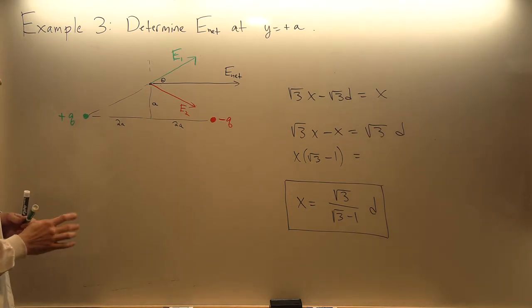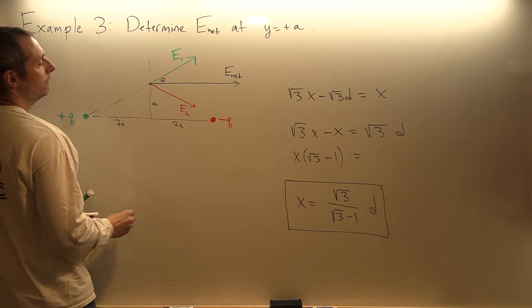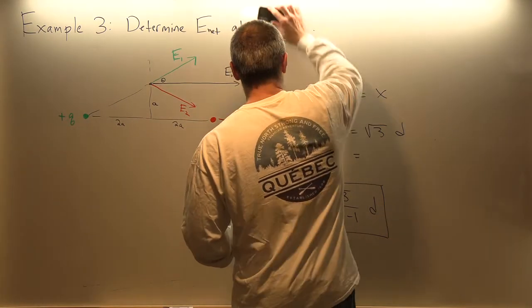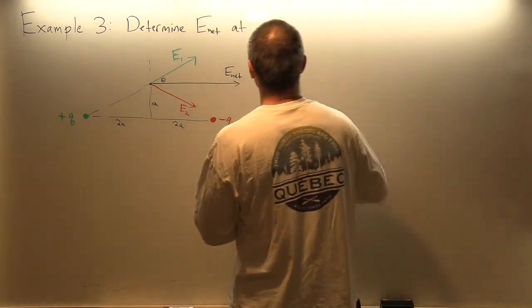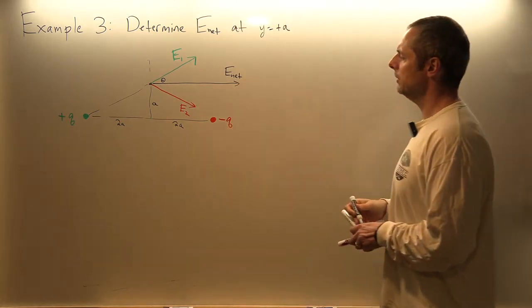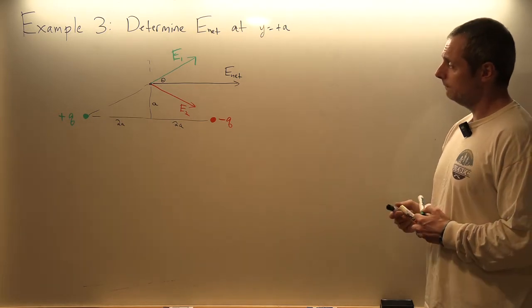So what I need to do is find one of those x components and double it for the net electric field. If you haven't had an opportunity to jot this down yet, then go ahead and do that now.